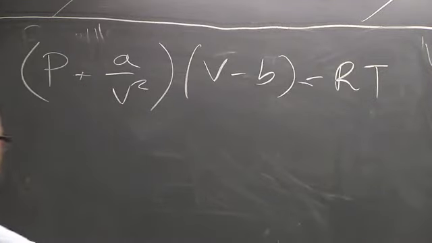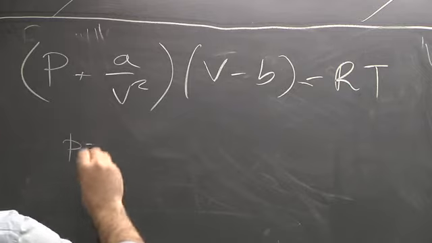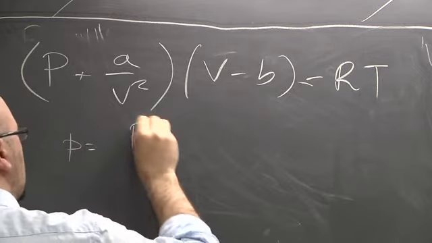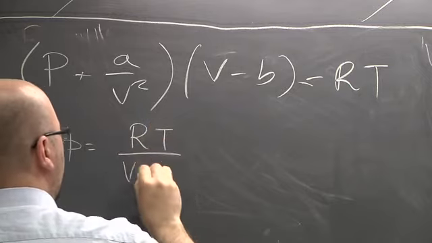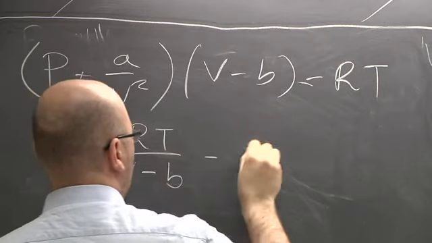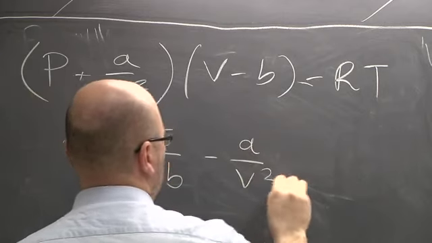So we can solve this equation as P equals RT divided by V minus B, minus A divided by V squared.